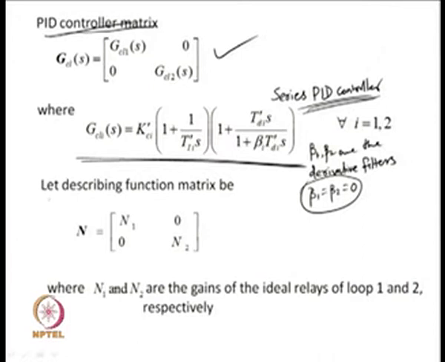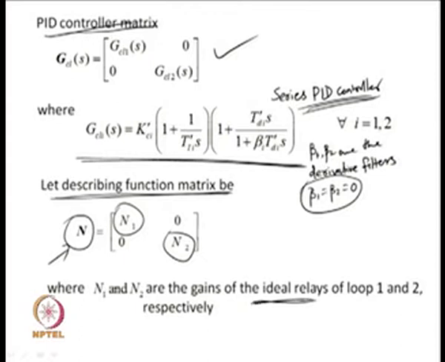Now, let the describing function matrix for the two relays be given by the nonlinear matrix N is equal to diag[N1, N2], where N1 and N2 are the gains of the ideal relays for loop 1 and 2. So, how are the gains described?